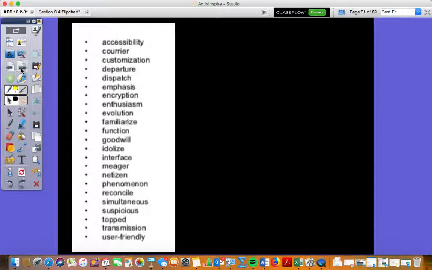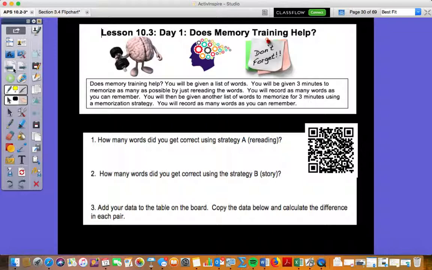Memorizing as many as you can. All right, off to the side of your paper, put down as many as you can remember. Go. Put down as many as you can remember.